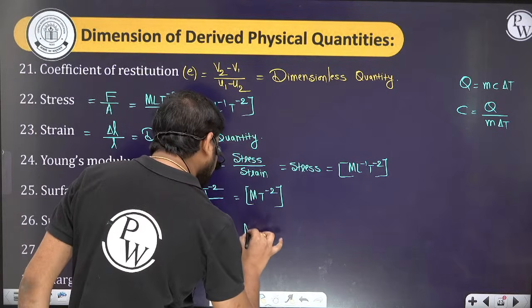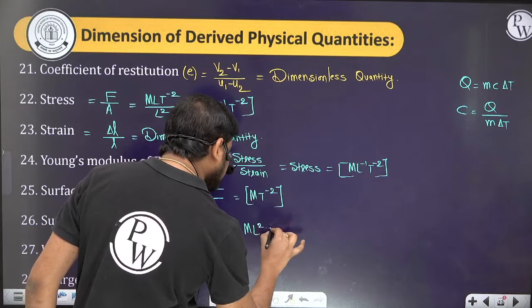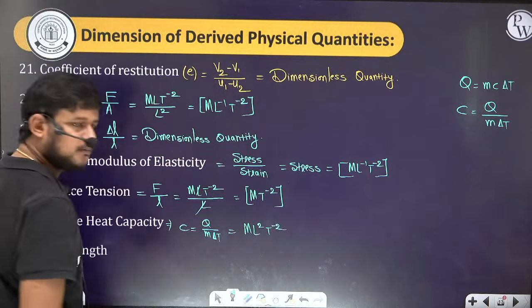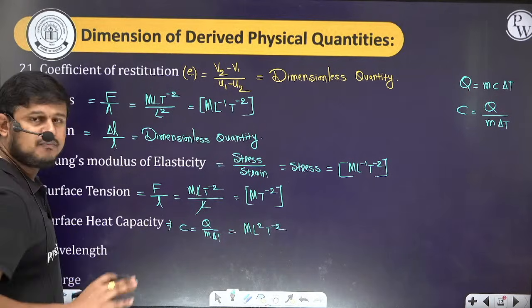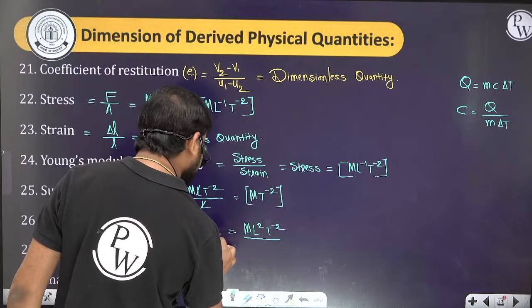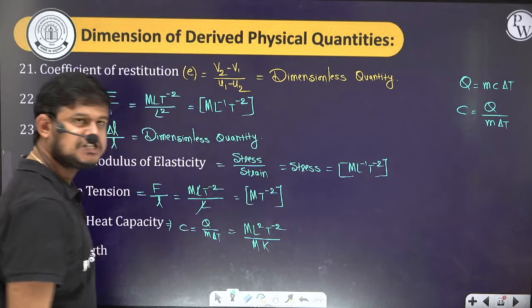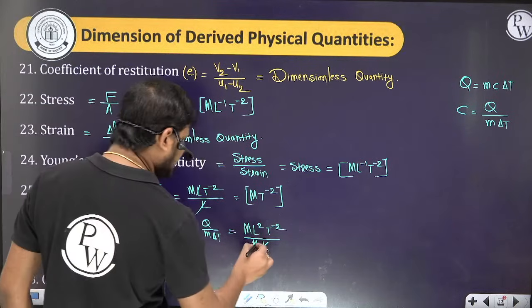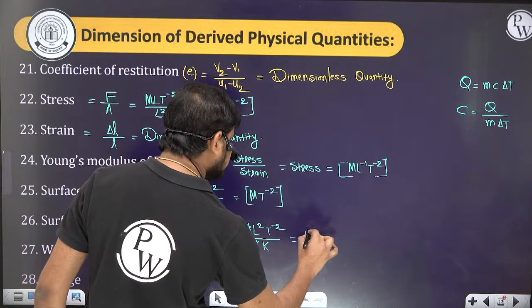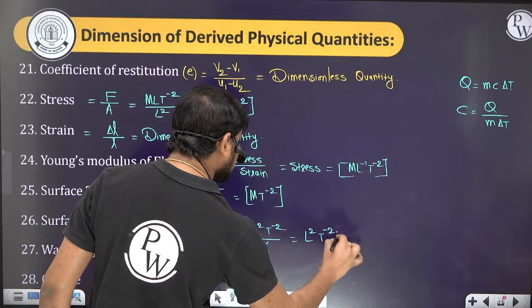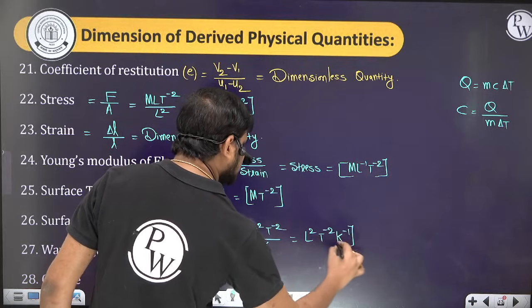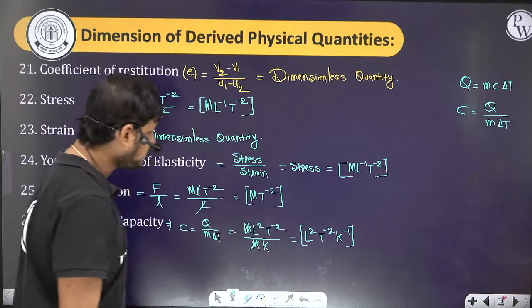So therefore, the heat dimensional formula you can write as M L square T to the power minus 2. That's the energy formula, divided by mass M, and then delta T, which is the change in temperature in K. Then M cancels, giving L square T to the power minus 2 K to the power minus 1.